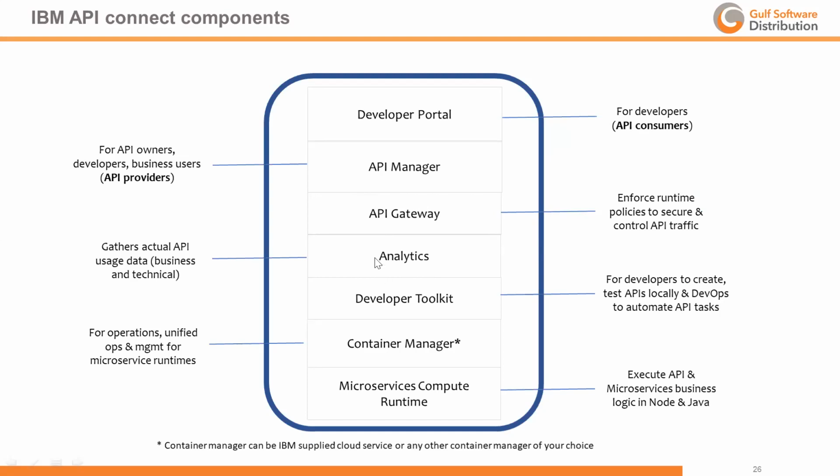What I didn't talk about before is the analytics. Then you have the developer toolkit and the container manager and microservices compute. So these are again very specific for the new age development technologies. So if your customer is looking to develop a cloud native application where APIs will need to be containerized and developed based on microservices architecture, the same is being supported by IBM as well as a part of the product.